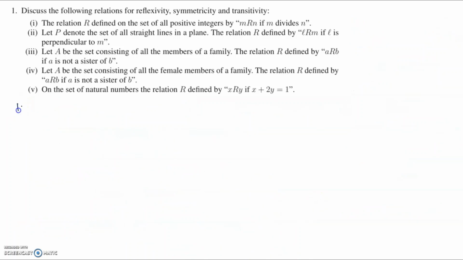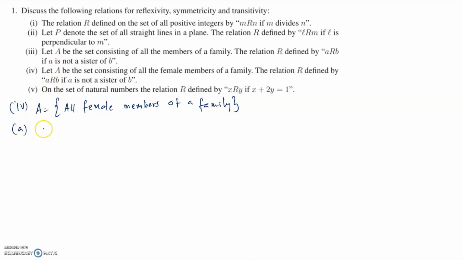Now for the fourth problem. Let A be a set containing all female members of the family. So set A is equal to all female members of a family. Now let's look at the first one.